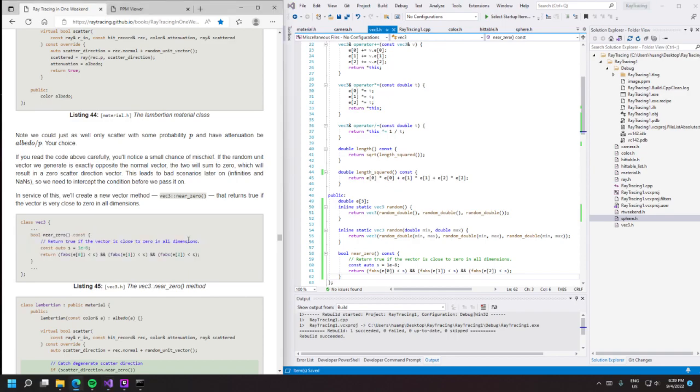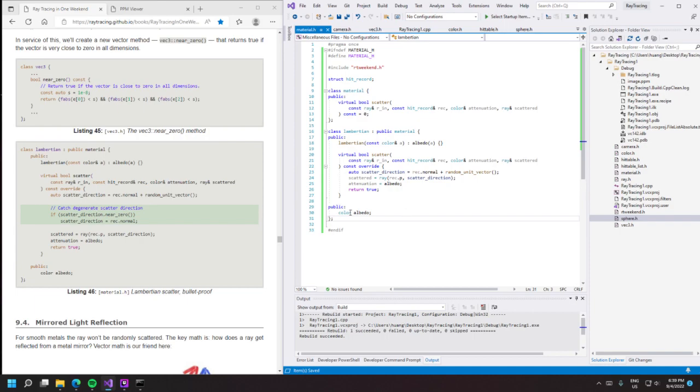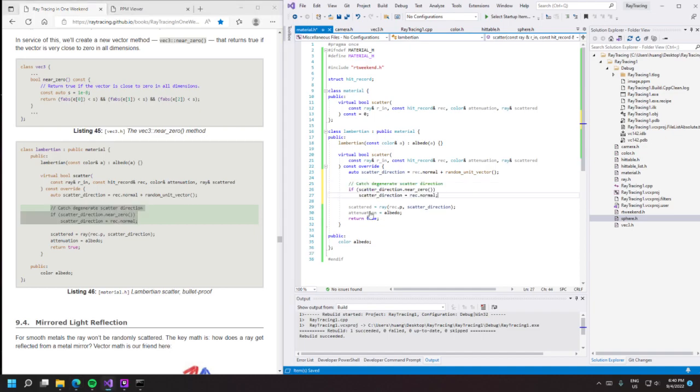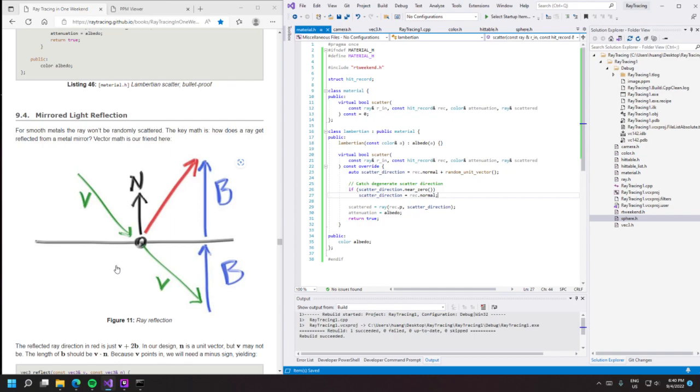I don't know what this part means. I think today a lot of things are going beyond my knowledge, so I think I'll just admit that I don't know. I'm just doing what I'm asked to do here, but there is a lot for me to learn, and I don't know the physics nor the math behind it. If it's 0, then we just turn it back to become the normal. So far that makes sense.